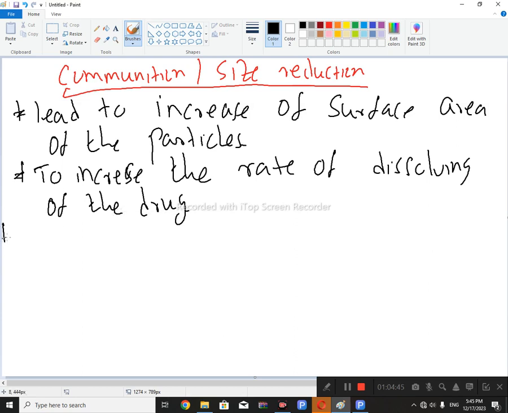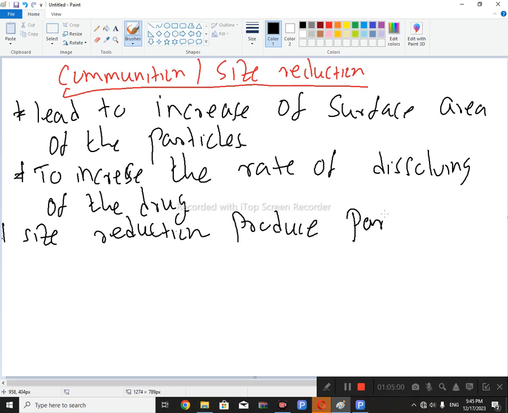Size reduction produces particles in a narrow size range.